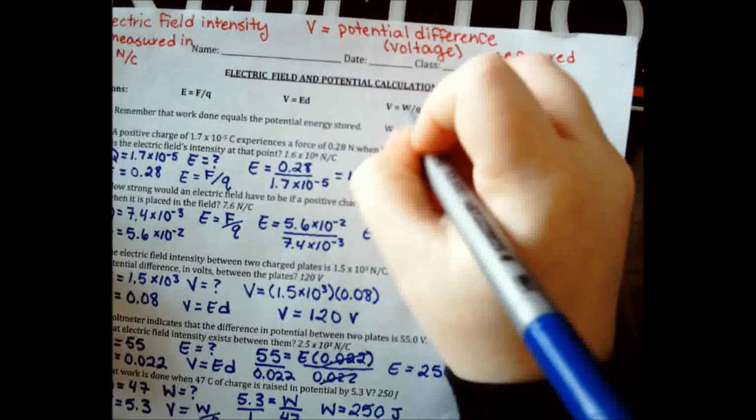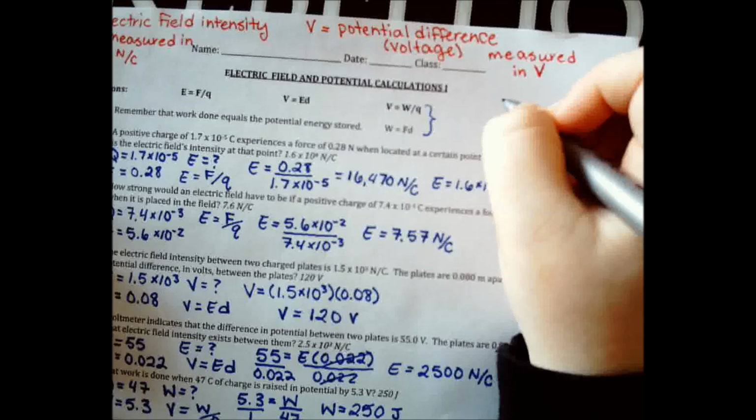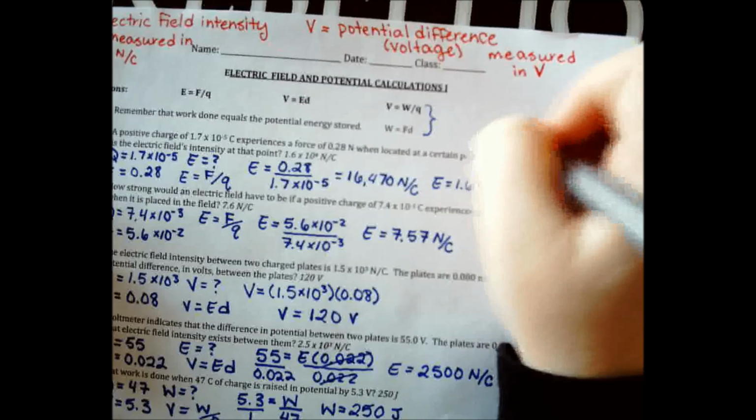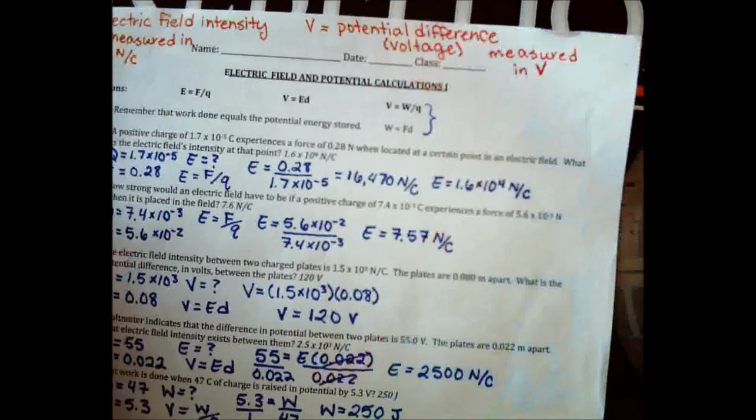So if you know that work is force times distance, you can do force times distance over Q is equal to V. Although that doesn't sound familiar. Hold on before I embarrass myself.